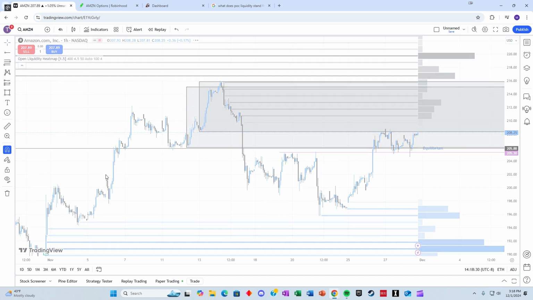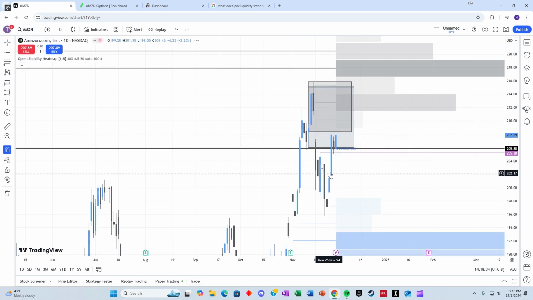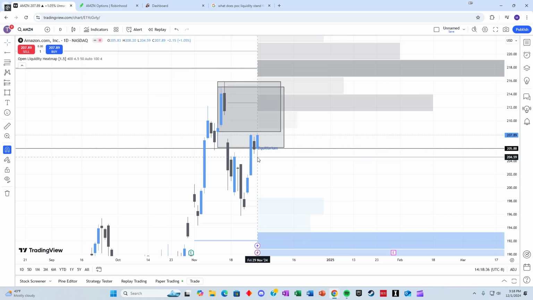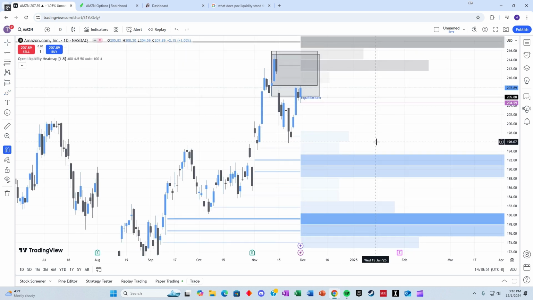However, once I do get a clear break on the 4-hour or even on the daily, if Amazon went through and closed, we'll just say that they closed here. If they closed here at like 203, yeah, 203, honestly, I would probably be looking to go short.